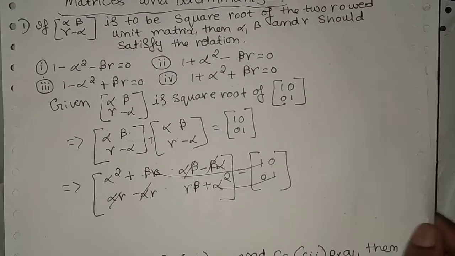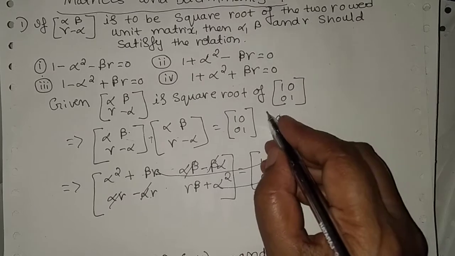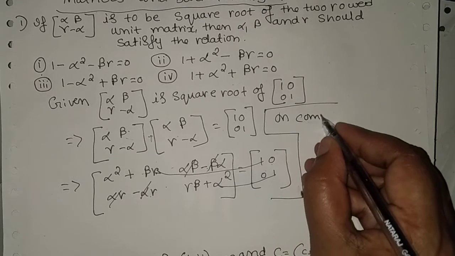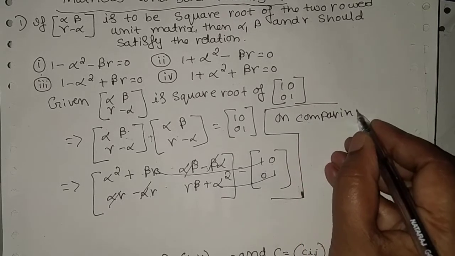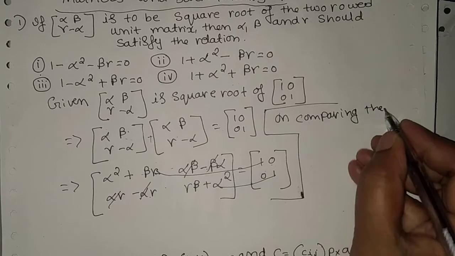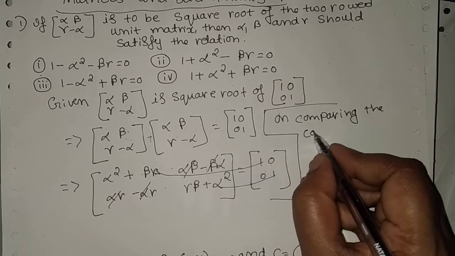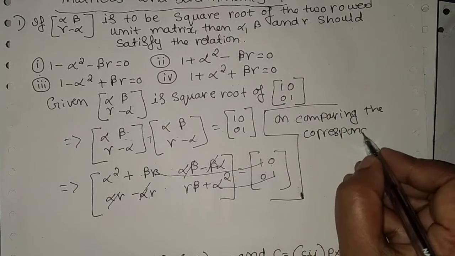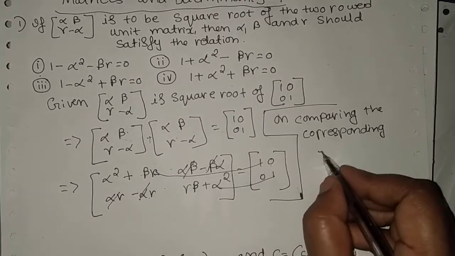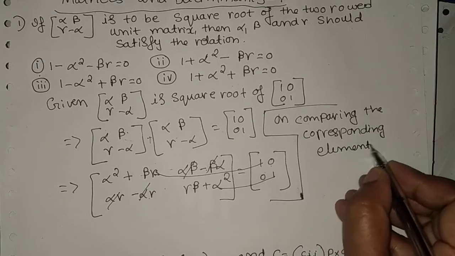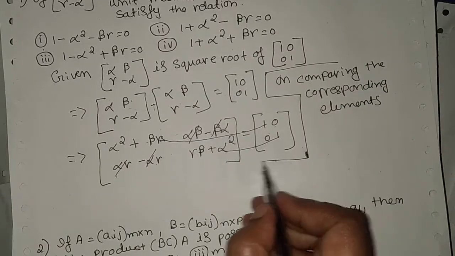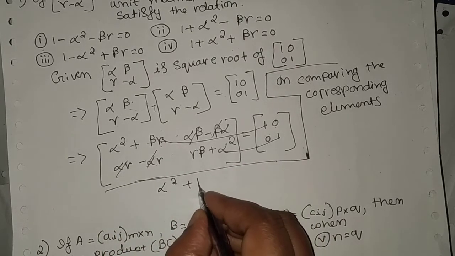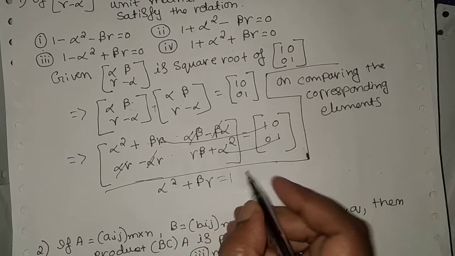So now, on comparing the corresponding elements, what do we get? First we write alpha square plus beta gamma is equal to 1.